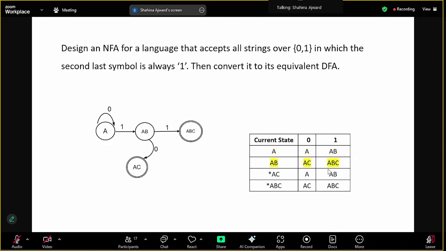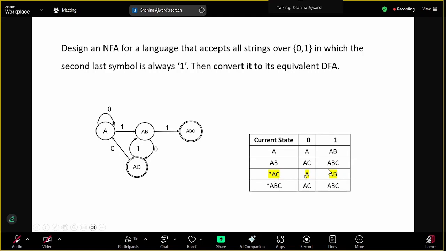The next one, AB. When it receives 0, it goes to AC, so we define a state called AC. And for 1, it goes to ABC, so we direct it to ABC, right? The next one is AC.